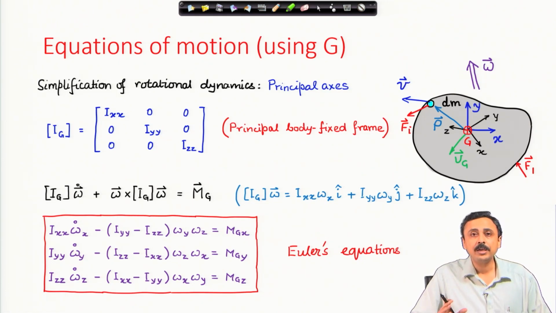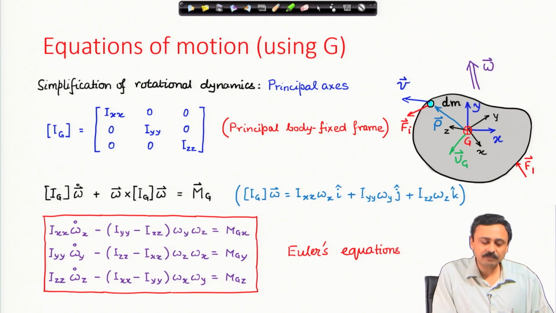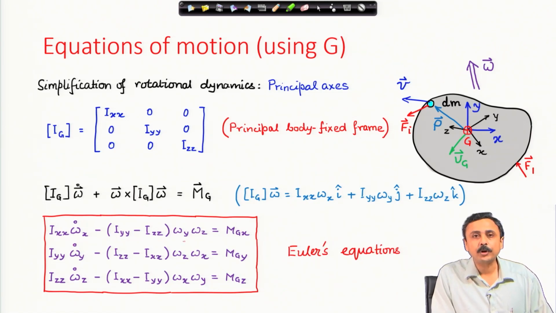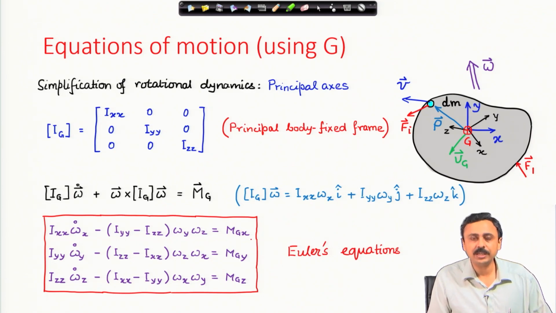Euler's equation is the equation of rotational dynamics of a rigid body written in the principal body fixed frame. And you can remember this equation very easily: it is I xx omega x dot minus, now there is a difference between I yy and I zz and the product of omega y and omega z, and that is equal to m g x, and this pattern is repeated in all the other equations.